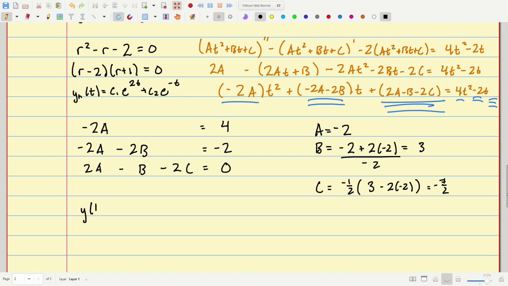So we may write the general solution to the non-homogeneous equation as C1e to the 2t plus C2e to the minus t minus 2t squared plus 3t minus 7/2. All agree? Okay.